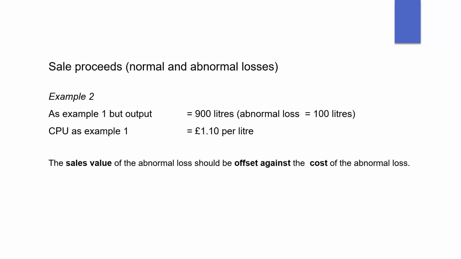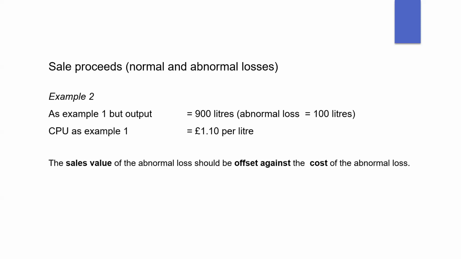Now, in this scenario, you can see we are getting sales proceeds from both normal and abnormal losses. Here, as in example 1, we are getting the output as 900 liters, and we have counted that the abnormal loss is 100 liters.